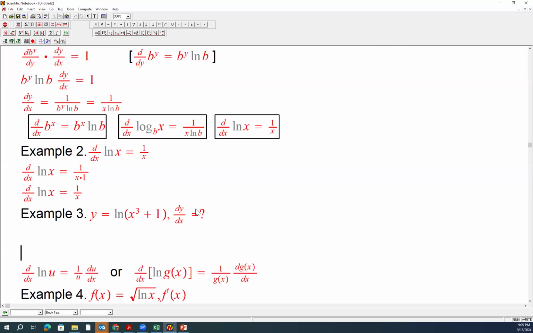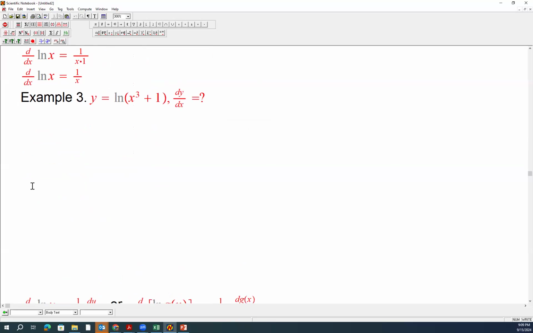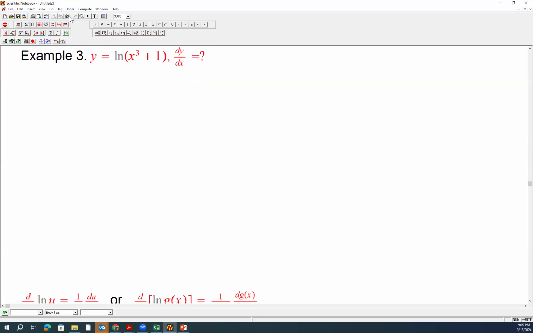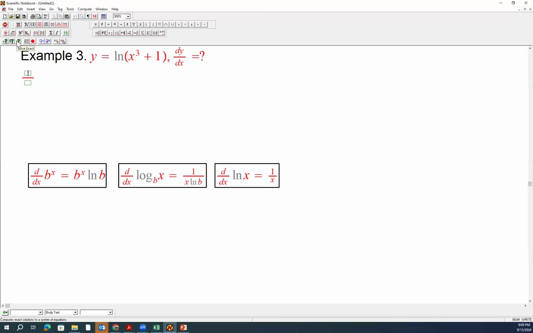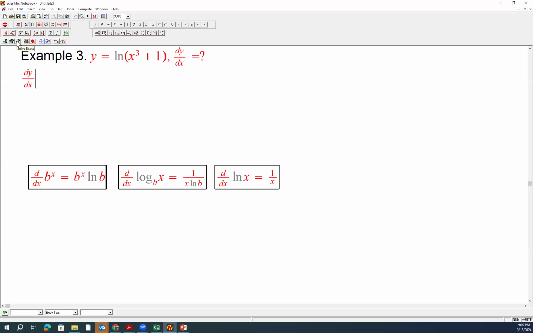Okay, we're going to work on example number 3. We need to find dy/dx, right? So this is going to be a derivative, dy/dx. So we're taking the derivative of ln of x raised to the power 3, plus 1.